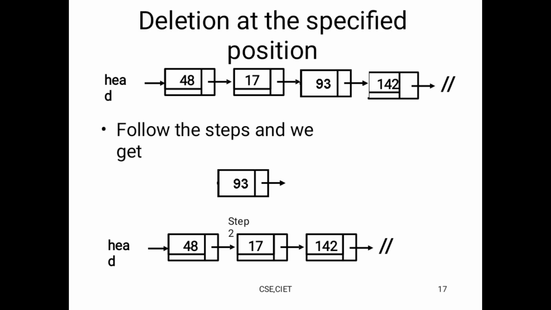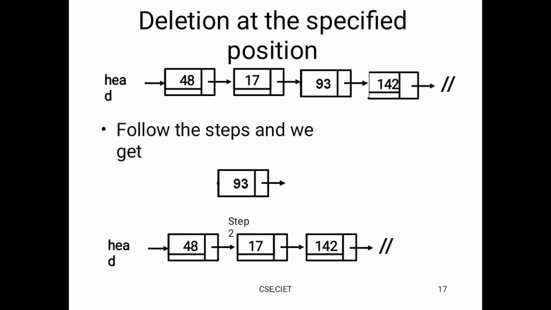Deletion at the specified position. So here in this I want to delete the 93, right? In between 17 and 142, the 93 is placed. Suppose if I want to delete the 93, the same process: I have to select that, and after that the address will be stored in the pointer.